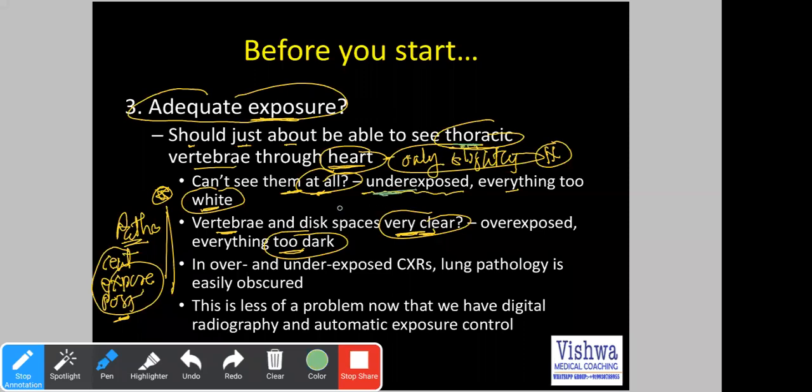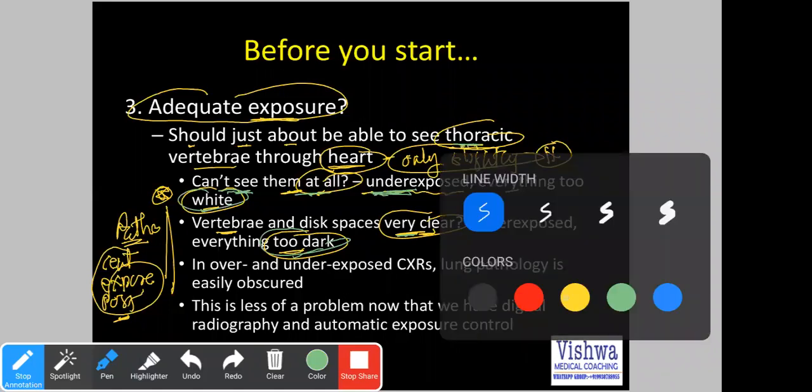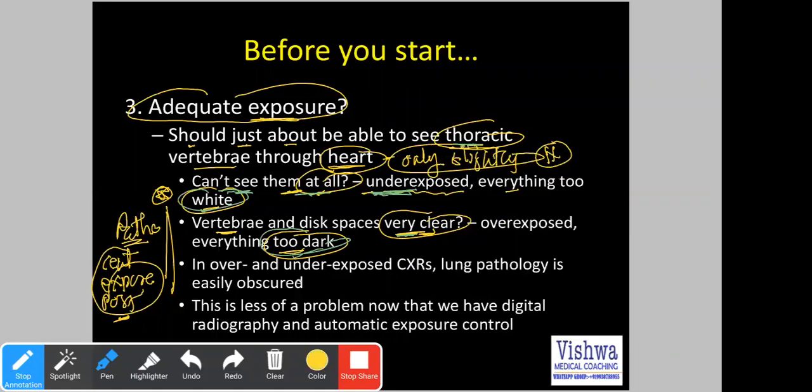If it is not seen at all, it is underexposed, so everything will look too white. If it is seen very clearly, everything will look too dark. As we see in the slide, in over- and underexposed X-rays, lung pathology is easily obscured and we can misinterpret.